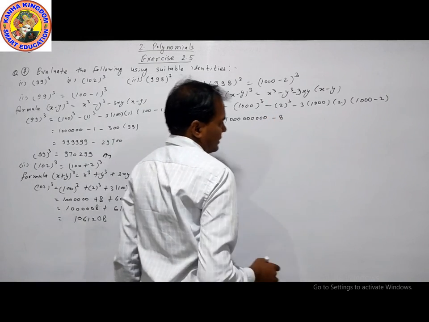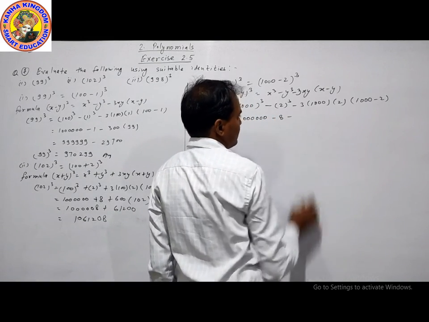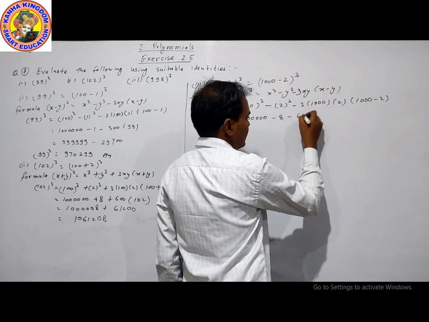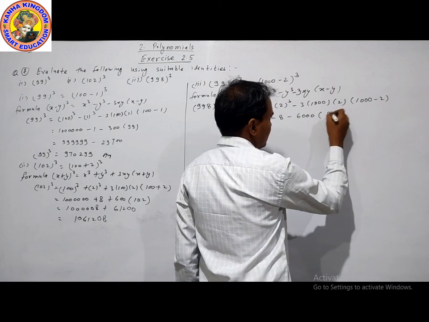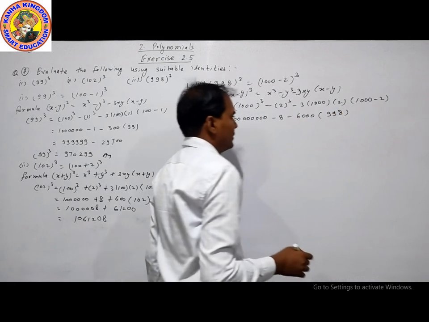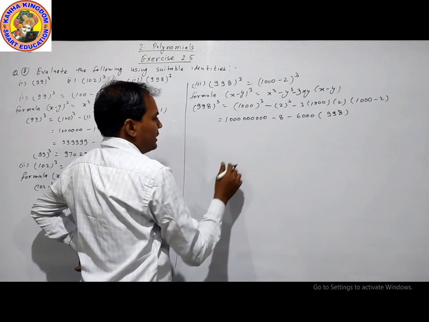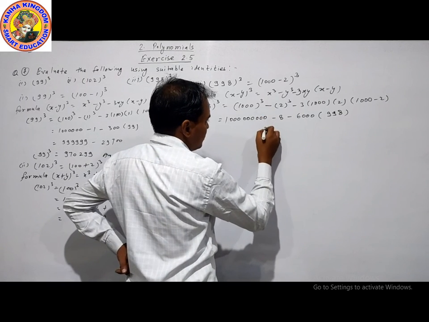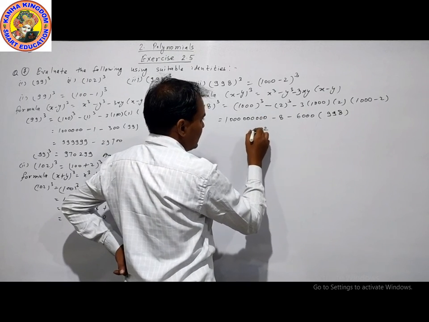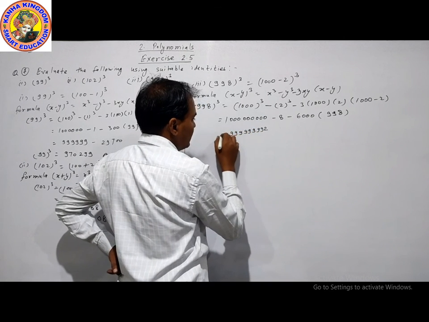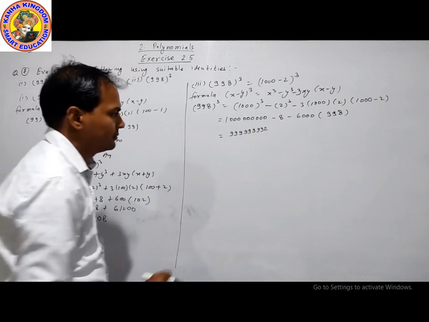Minus 8. Here is minus 3 into 2 is 6, so 6000 times 998. When subtracting 8, we get 999999992. This is our answer.